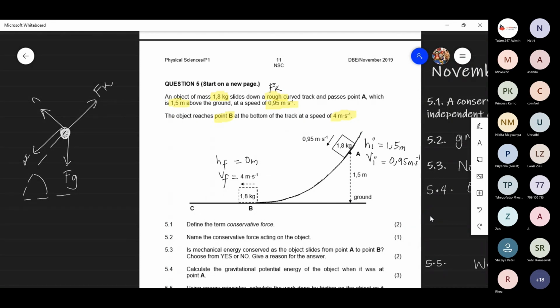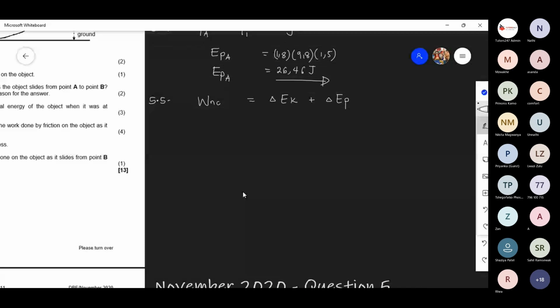We know that Fg is a conservative force, therefore the only non-conservative force acting on this object is Fk. So we do not have applied force, therefore we are just going to break up work done by non-conservative forces into the only non-conservative force acting on this object, which is Fk.